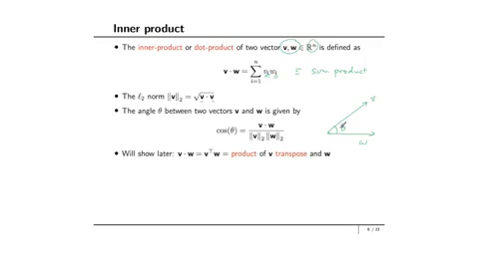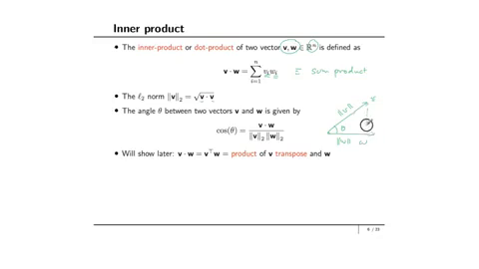In order to understand how the inner product relates to the angle, the length of this vector is the length of v, the length of this vector is the length of w. So the inner product between v and w simply is: take the component of v along w and multiply it by the length of w.